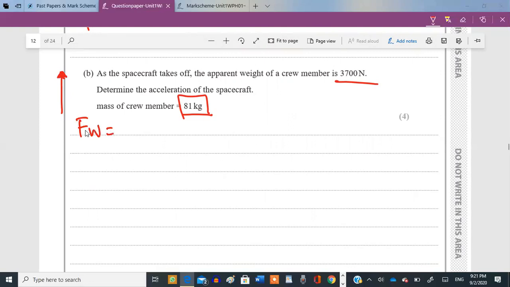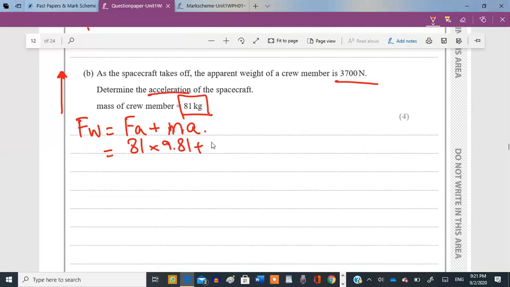Apparent weight is equal to the actual weight plus ma. mg plus ma. What's the actual weight? It's going to be 81 times 9.81 plus the acceleration of this crew member.